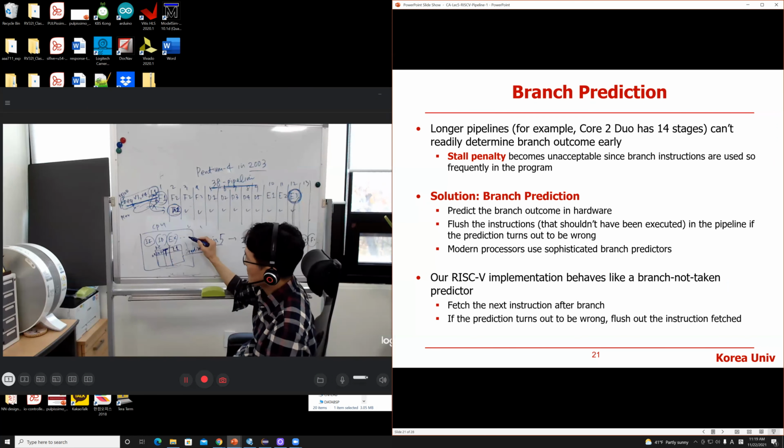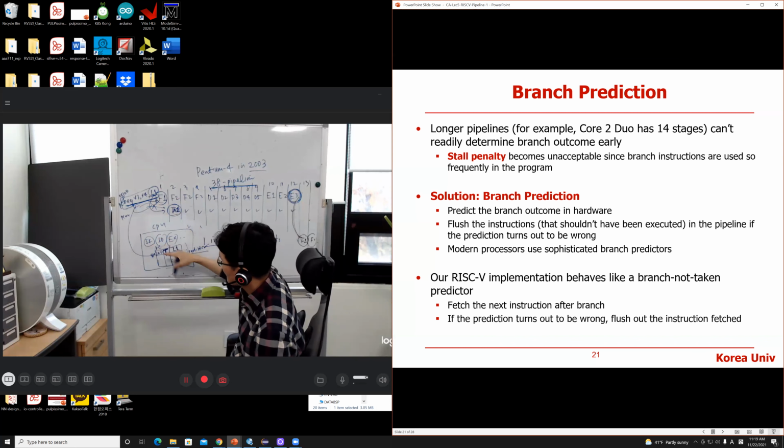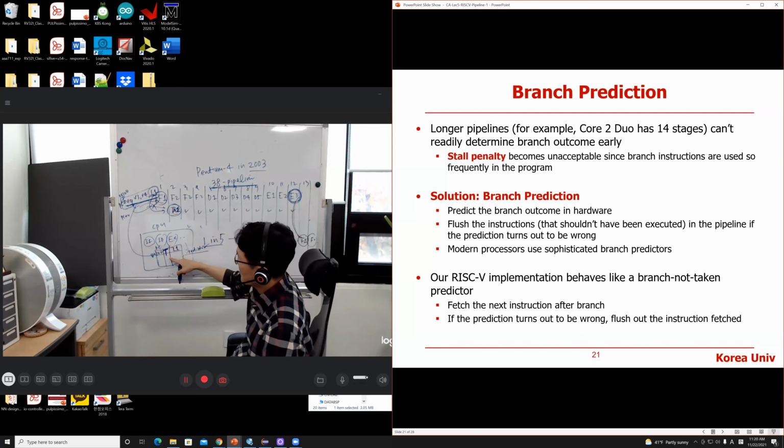Next time you execute the same program, you check this hardware. Based on that program counter, it reads that information, and this one was taken in the previous execution.